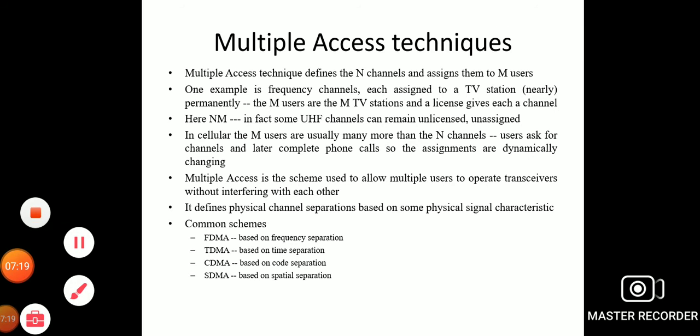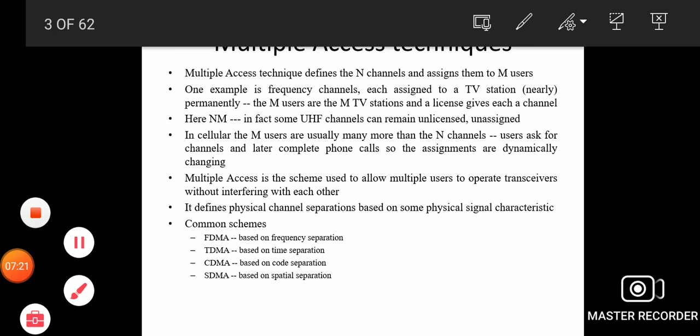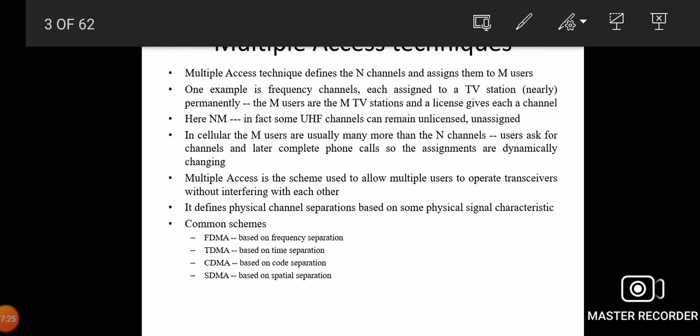Now we are going to discuss the multiple access: frequency division, TDMA, CDMA, and SDMA. First of all, the features of FDMA. It requires proper filtering at the receiver side to avoid adjacent channel interference, that is called ACI.